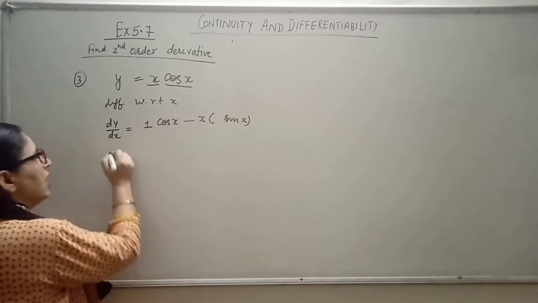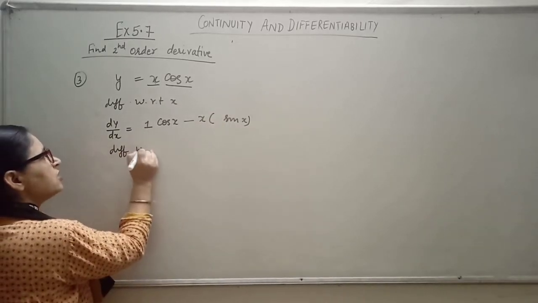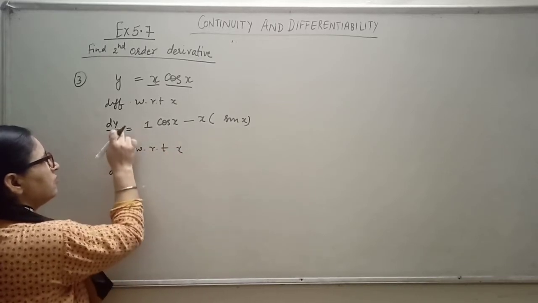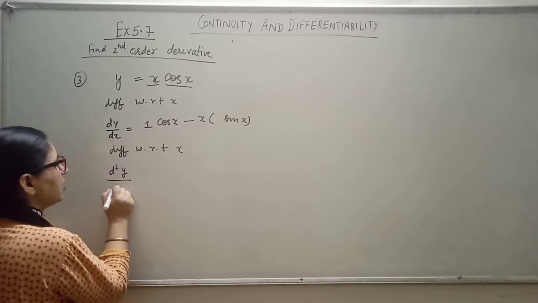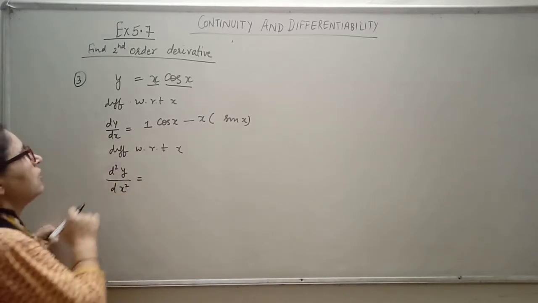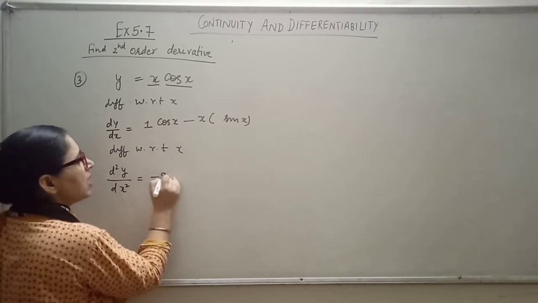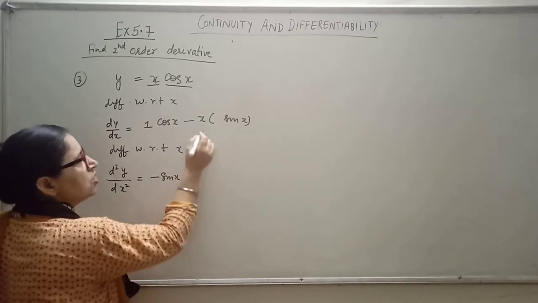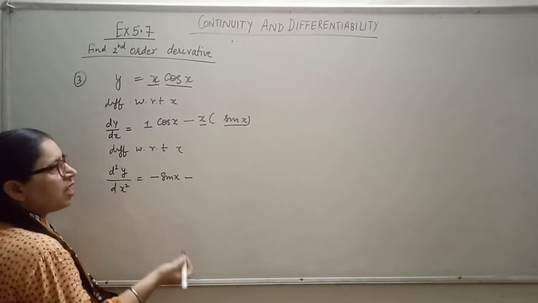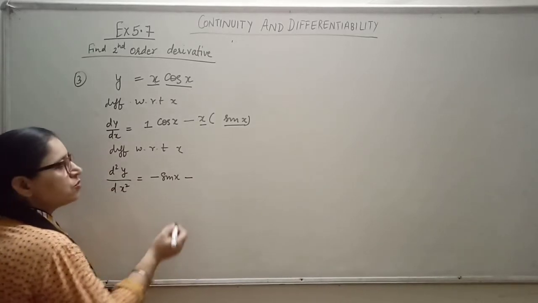Now again we are to differentiate it with respect to x. When I differentiate it again with respect to x, this is the second order derivative. Now derivative of cos x is minus sin x, and minus. You can see here again two functions are in multiplication, so again I am going to apply the product rule here.